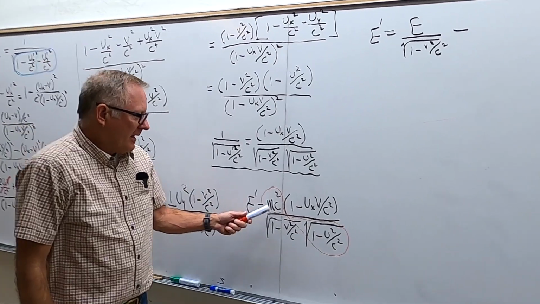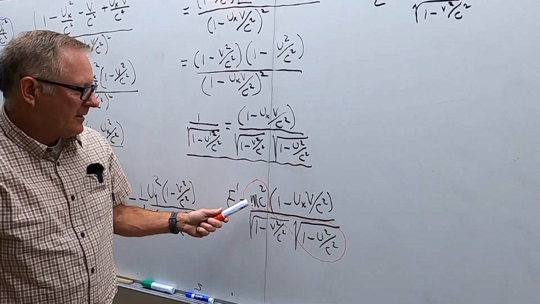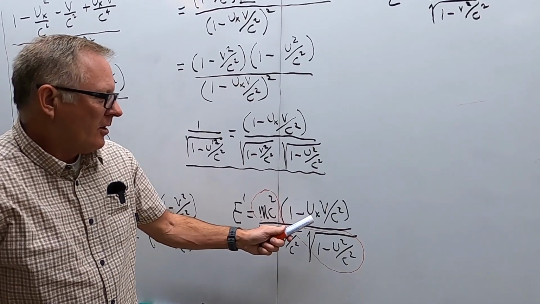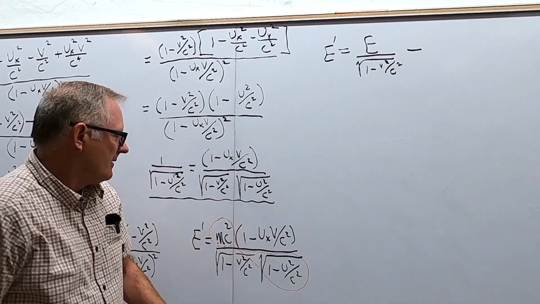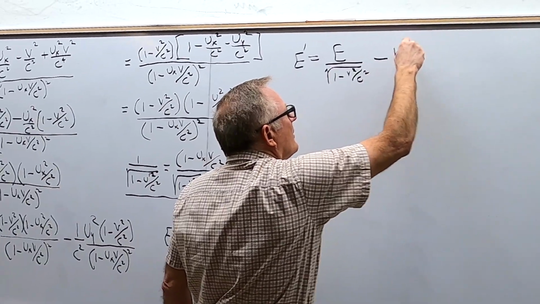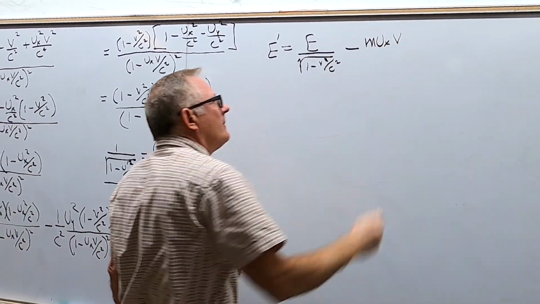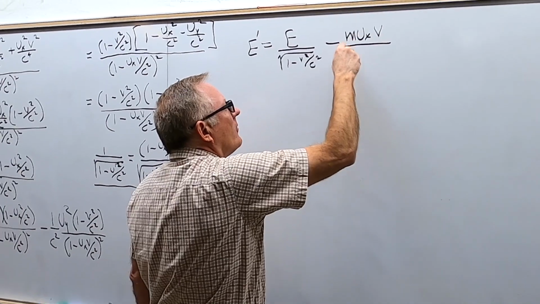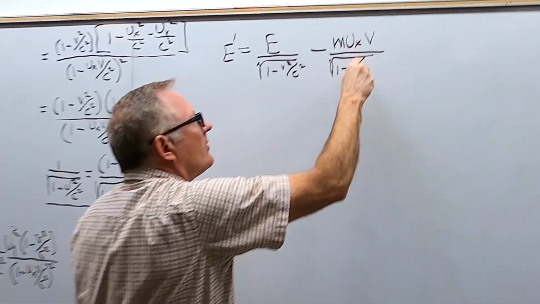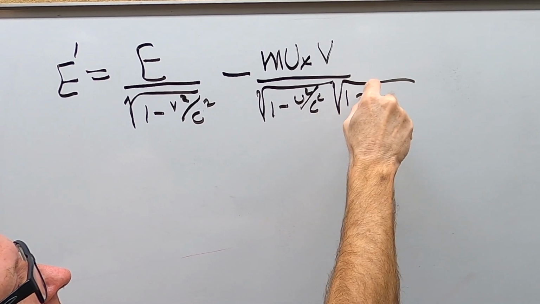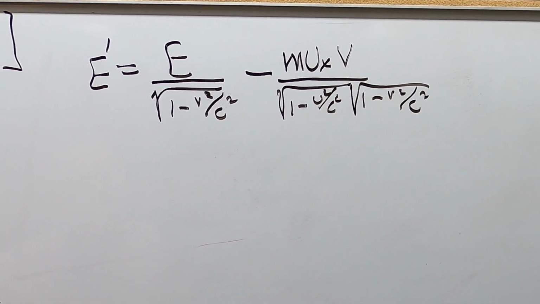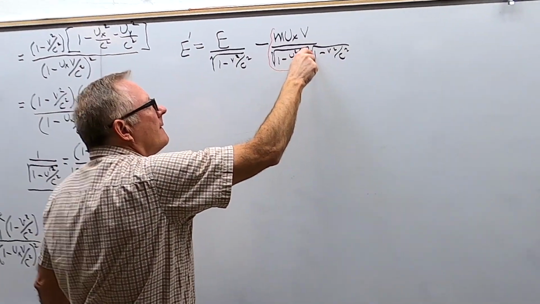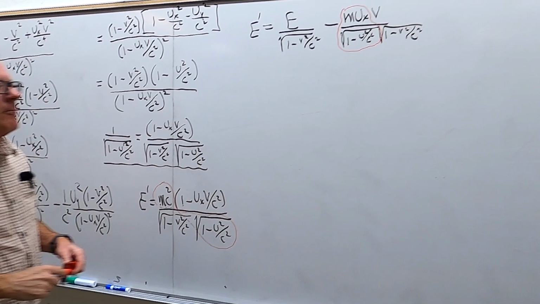We have mc squared times this. Well, the c squared and the c squareds drop out, so we end up with a muxv, muxv divided by these two terms, the square root of 1 minus u squared over c squared, square root of 1 minus v squared over c squared. But this part right there, that's just my momentum in the x.